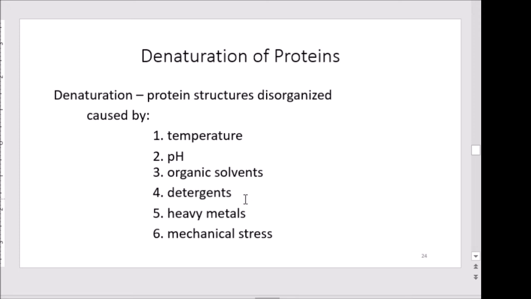One of the big ones though is detergents, and so that one can really break down a bunch of proteins. Heavy metals, so it can really cause havoc. And then mechanical stress, if you just were to grab one end and pull it apart, if you applied enough force, you'd break those hydrogen bonds. So denaturing is usually really, really bad.